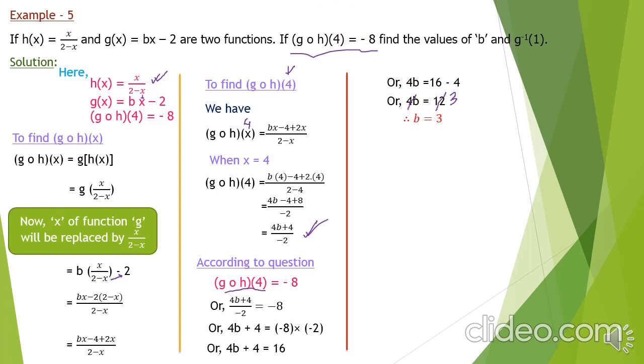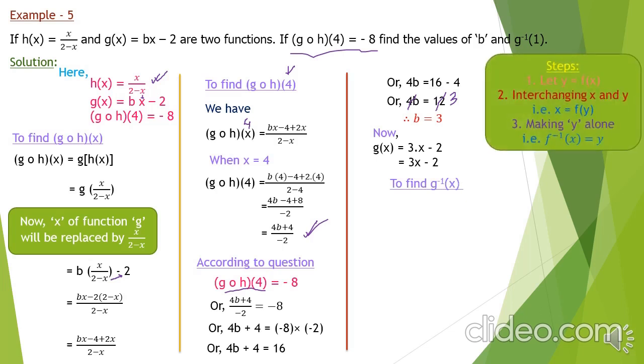Now we put the value of b in our g of x. So now g of x is equal to 3x, b is replaced by 3, putting the value of b in function g of x. So now we have to find the inverse of g of x. To find g inverse x, you can see this step on the top right corner of your screen. The steps are very simple.